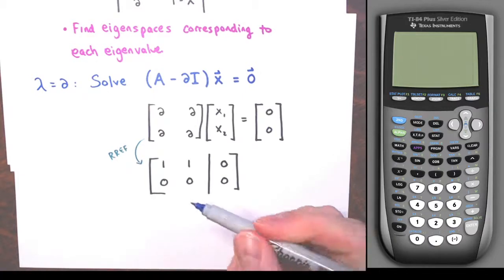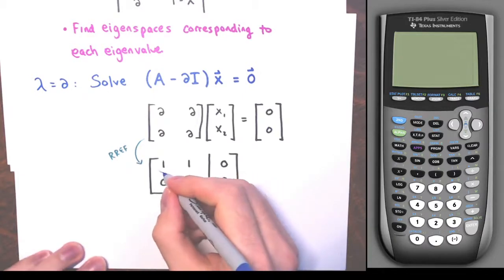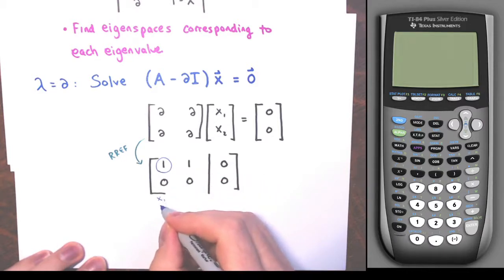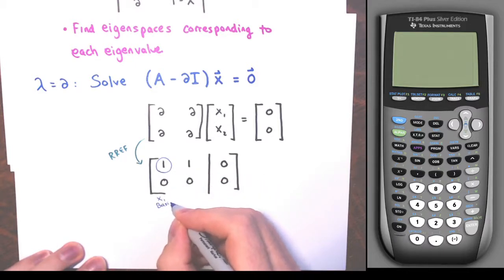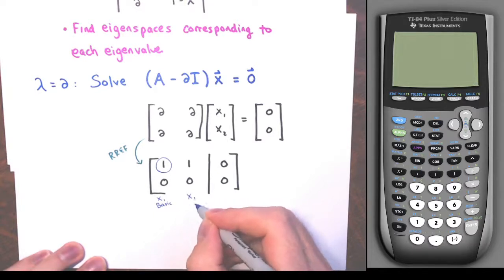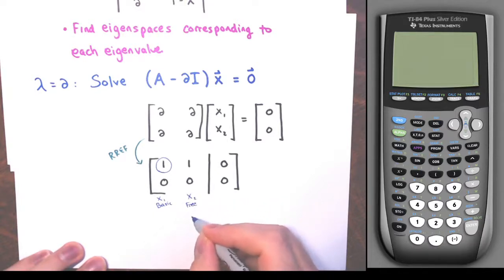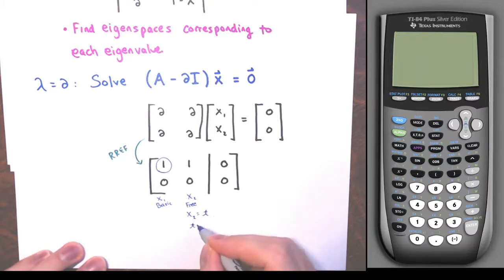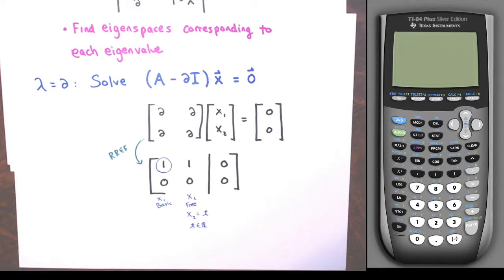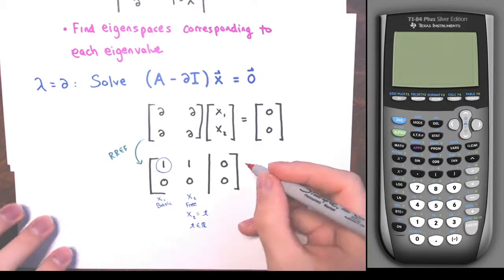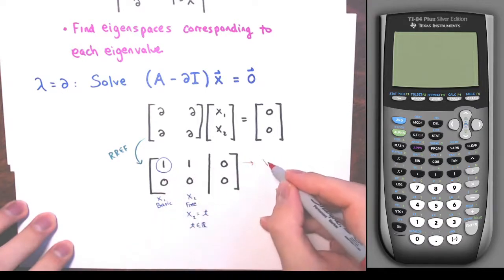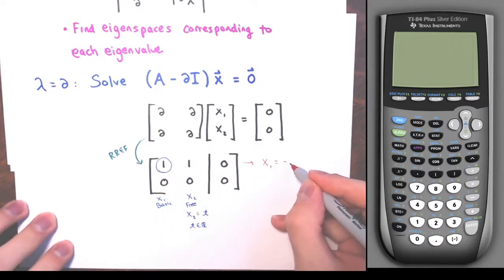Look at my pivot columns. The only one is the first column here. So x1 is a leading variable or a basic variable, and x2 is free. So I'm going to let x2 be t, where t is any real number. And then from the first row, we're seeing that x1 plus t must be 0, so x1 must be the opposite of t.